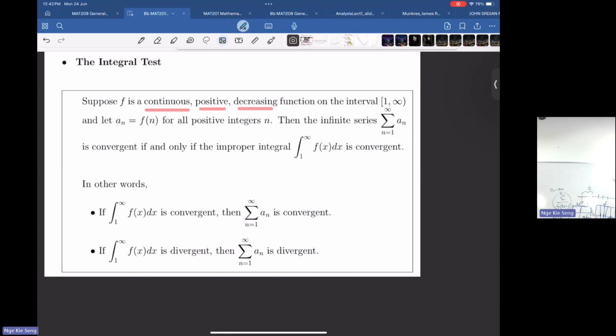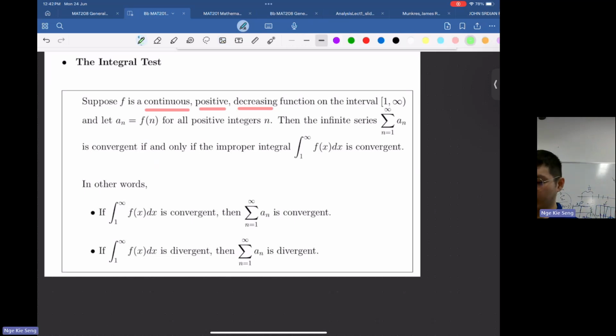Do you remember how we define the improper integral? What's the definition of it? We define the improper integral as a limit. Limit of what? On one side is 1, the other side is infinity.